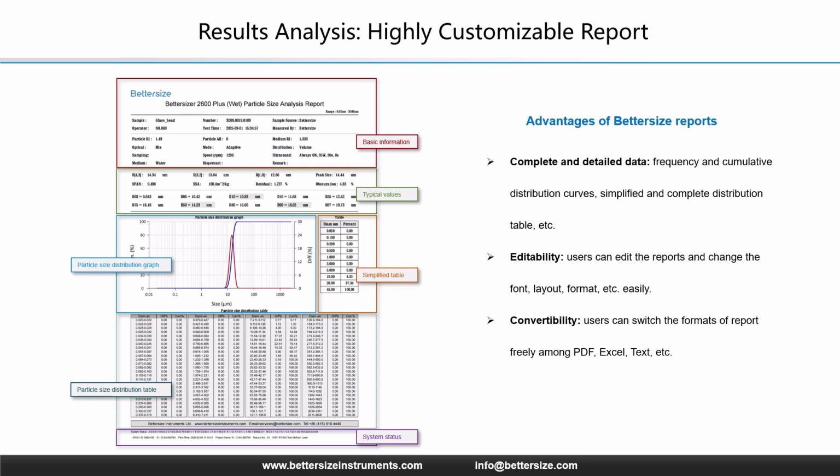You can drag and drop modules to build custom templates, hiding complex graphs for external clients or highlighting specific parameters like D50 for internal QC. Furthermore, we ensure convertibility. With a single click, you can export these reports to PDF for secure sharing or to Excel and text formats for further offline analysis. This ensures the data leaves the instrument in exactly the format your workflow demands.